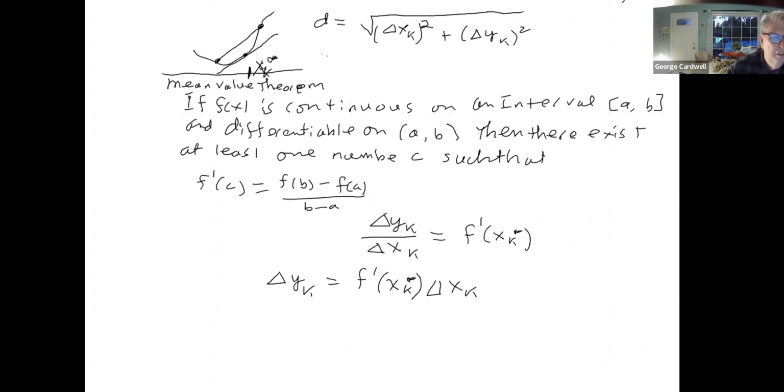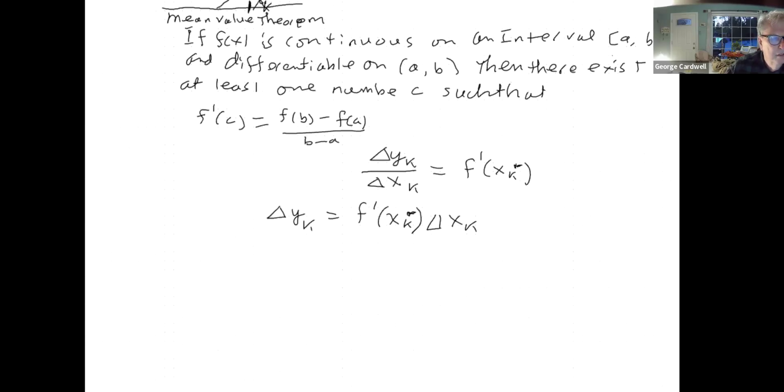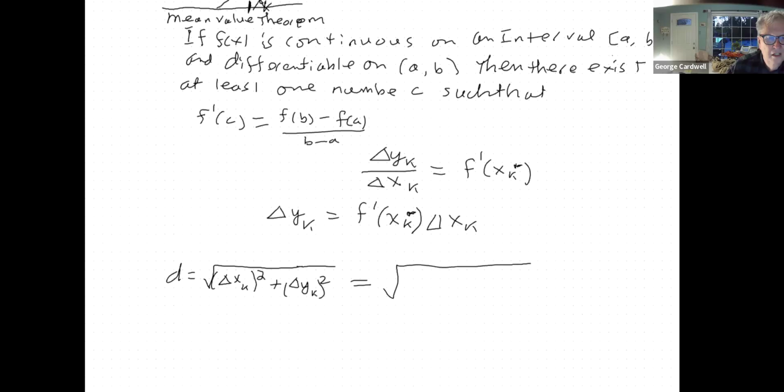So in other words, my distance formula, which originally was the square root of delta xk squared plus delta yk squared, can now be written as the square root of delta xk squared plus, and where I have delta yk here, I'm going to put all this.